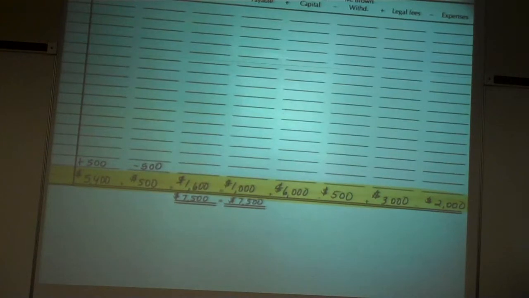And then on the right-hand side, we have accounts payable of 1,000 plus the capital of 6,000 minus the withdrawal of 500 plus the legal fees of 3,000 and minus the expenses of 2,000.